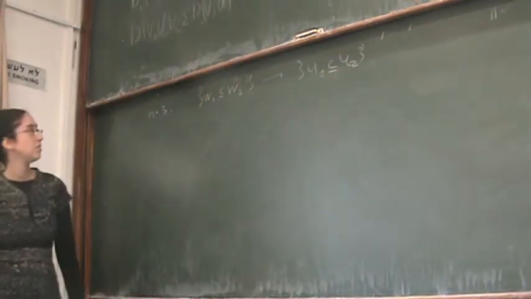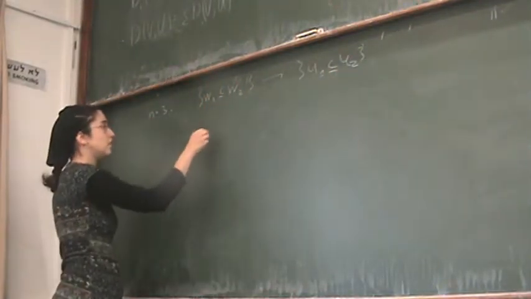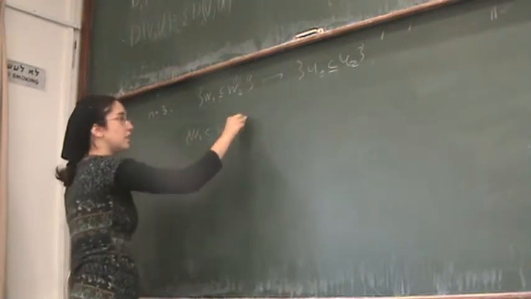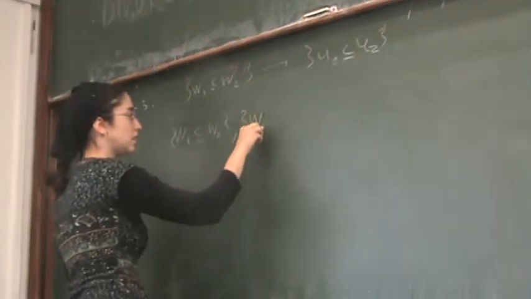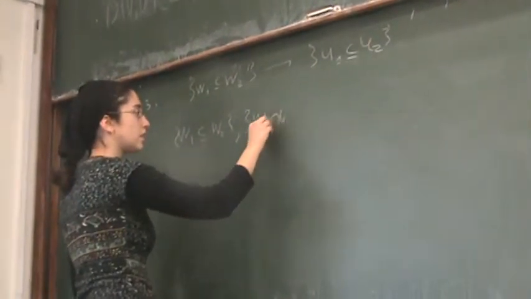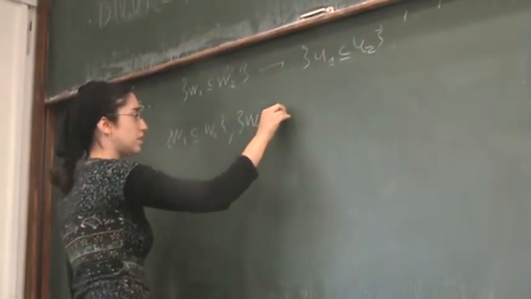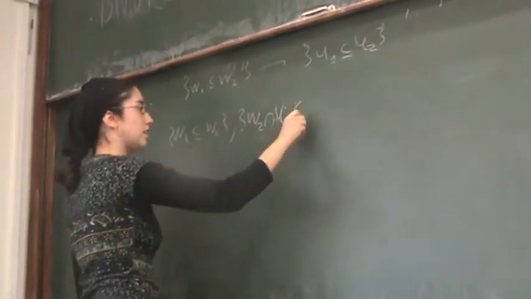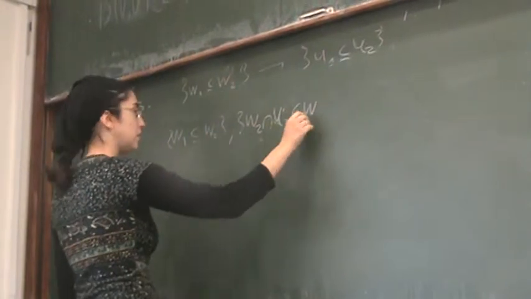So the gallery we construct is we start from here, then go to W2 intersection U2 inside W2.